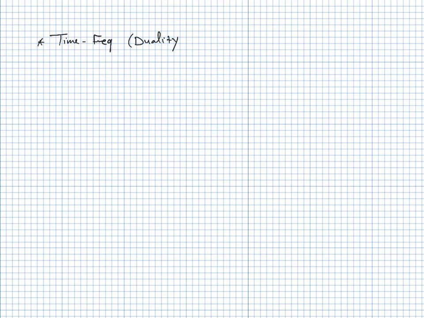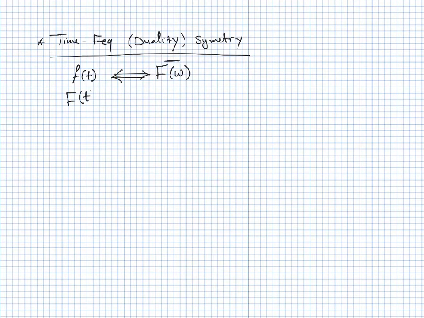Sometimes they call this also symmetry property. Same thing. Okay? It says that if I have a signal in time domain f of t that has a Fourier transform capital F of omega, then if I have a time domain signal that looks like this one, so it's capital F but of t.